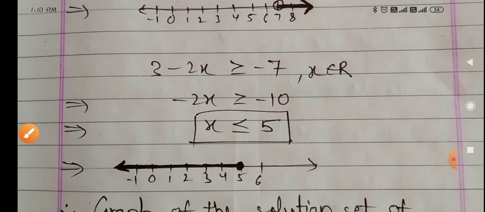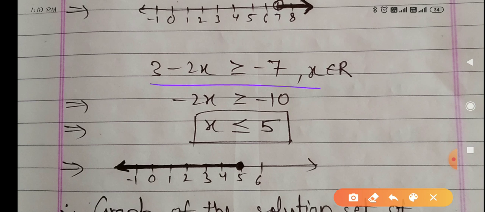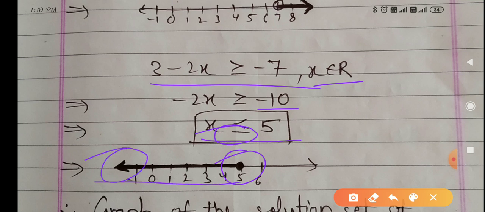Next inequation, 3 minus 2x is greater than or equal to minus 7, x belongs to real numbers. Minus 2x is greater than or equal to minus 10, so x is less than or equal to 5, because you are dividing both sides by minus 2. On the number line, at 5 a dark circle is there because the equal to sign is there, and the portion less than 5 is fully dark with an arrow.